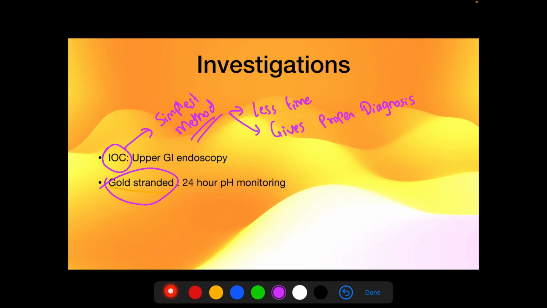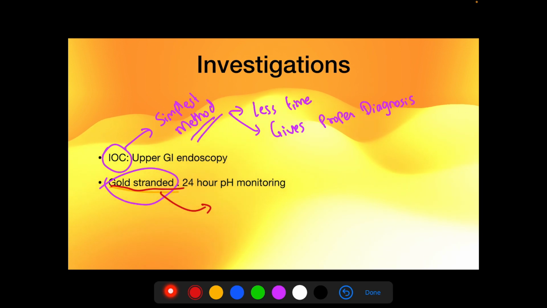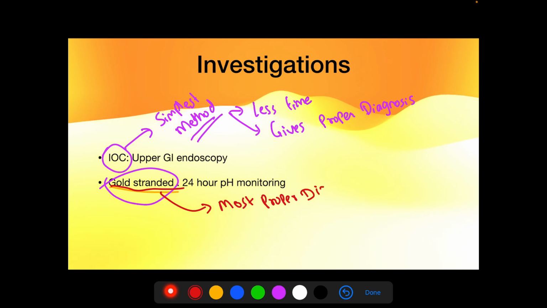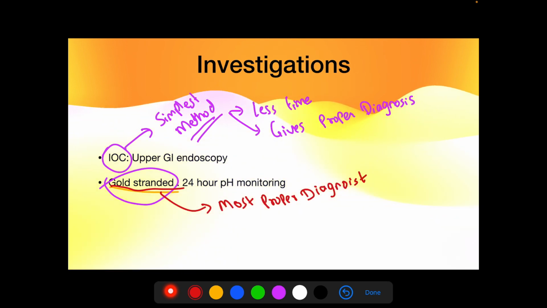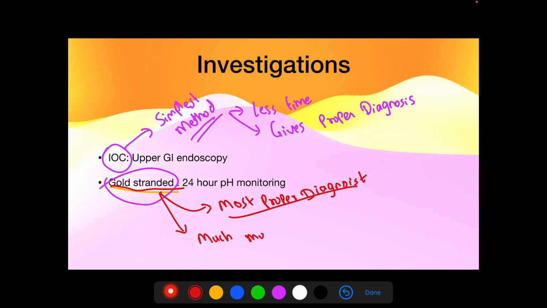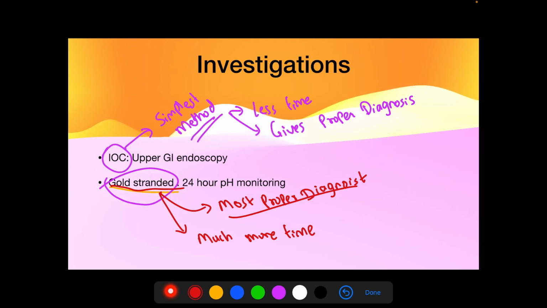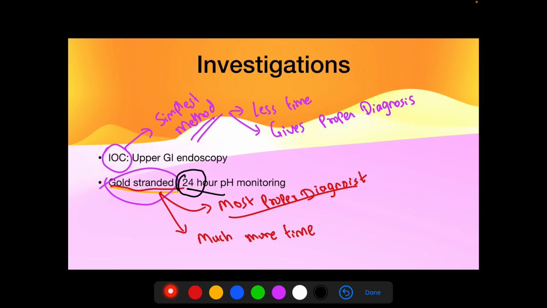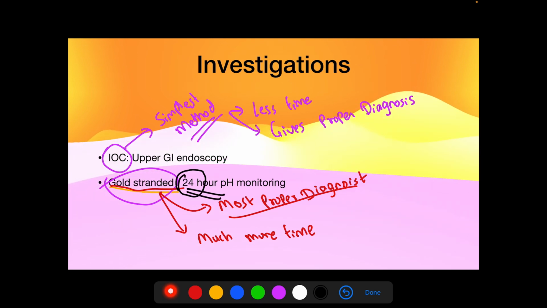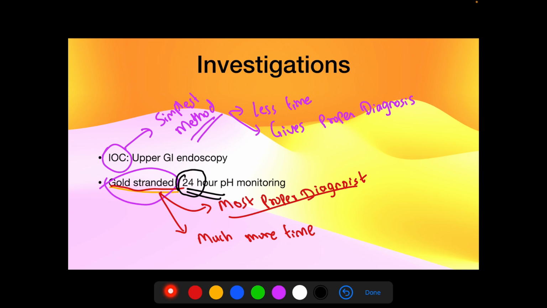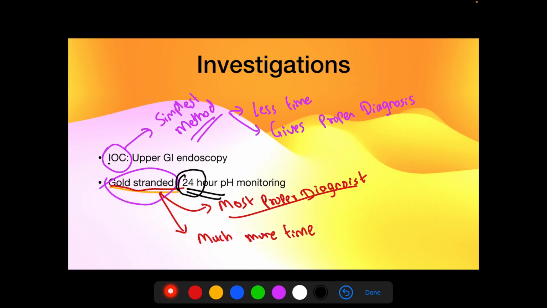But for the most proper diagnosis, the gold standard is performed. But the problem is it is time consuming and requires 24 hours. You are not going to monitor the patient's pH for 24 hours, so the investigation of choice is always upper GI endoscopy.